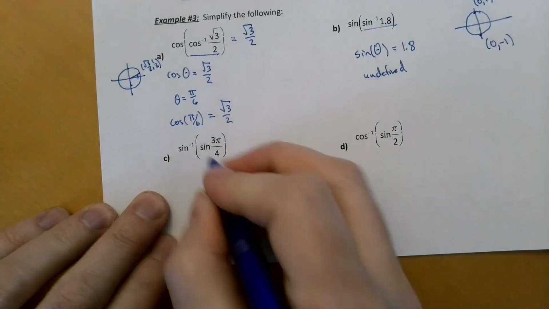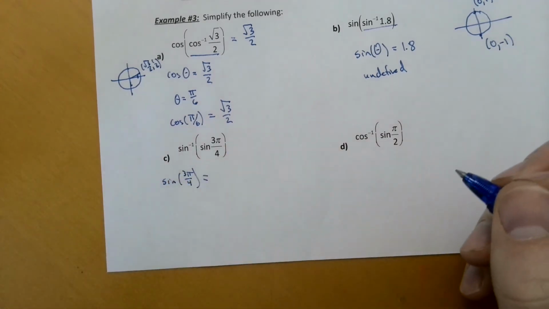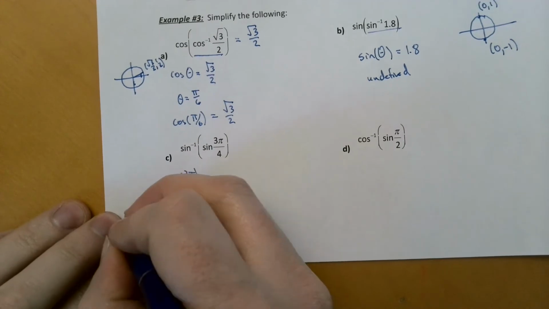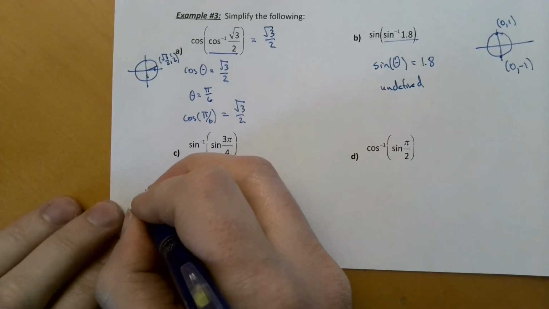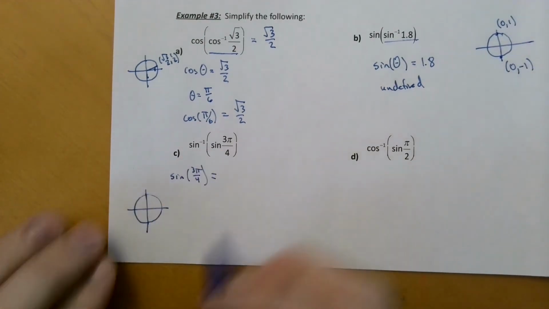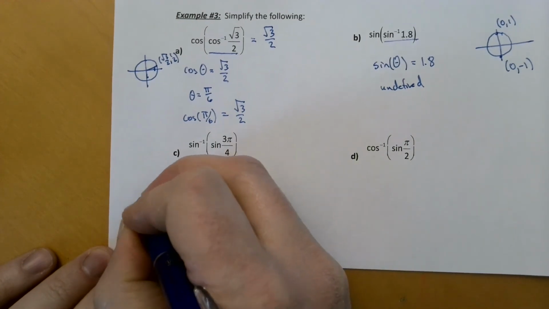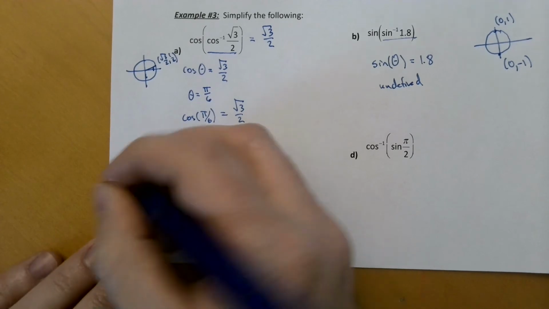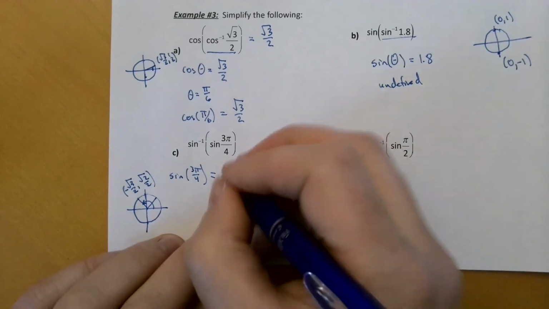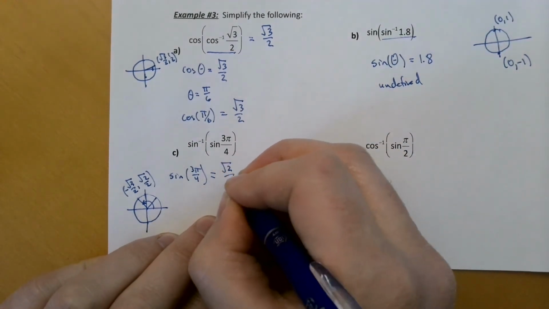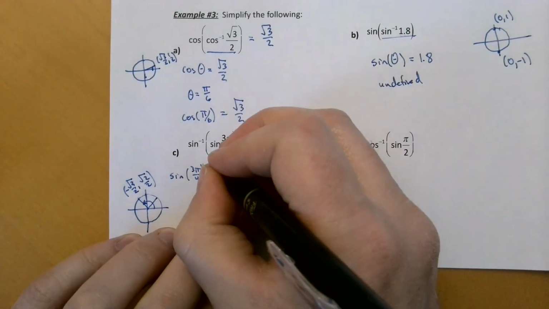Okay, now let's try this one: sine inverse of sine of 3 pi fourths. What's sine of 3 pi fourths? I have to go to my unit circle for this one. Here is pi fourths, 2 pi fourths, and 3 pi fourths right here. The x coordinate here is negative root 2 over 2 and the y coordinate is root 2 over 2. So this output is positive root 2 over 2, and that is now the input.